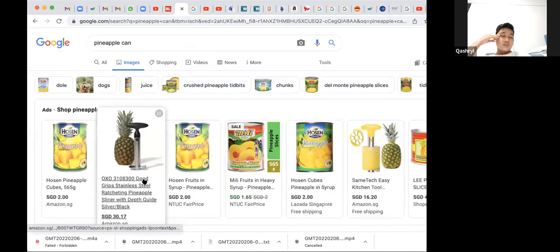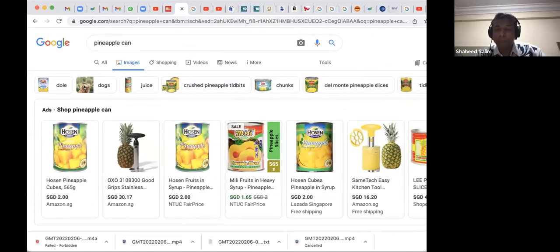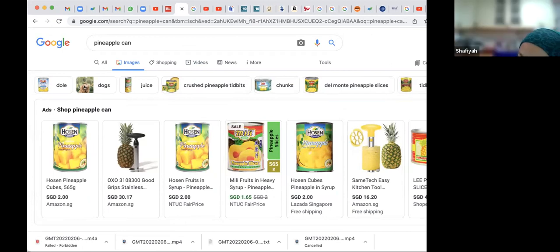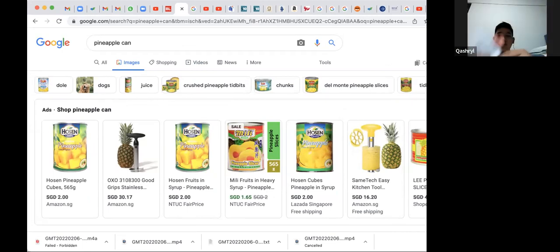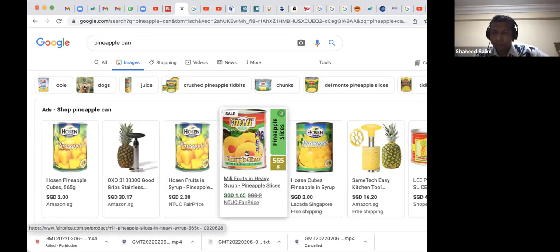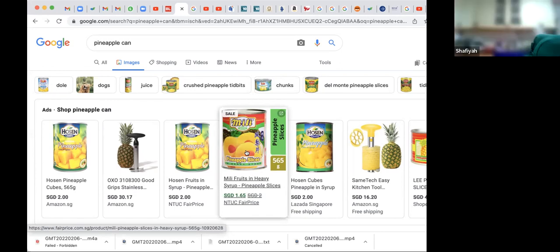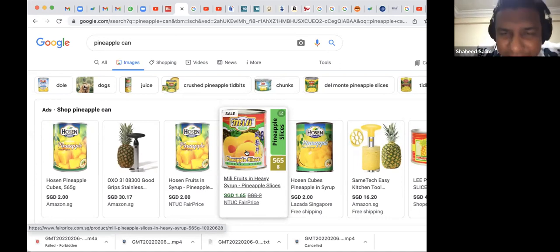Okay. But why, right? So, sorry. But why, Mr. Shahid? Yeah. What you saying? What is the fruit from the can? Right. Why do you have a lot of water? Not water. It's a sugar solution. So sugar is a way to preserve food.